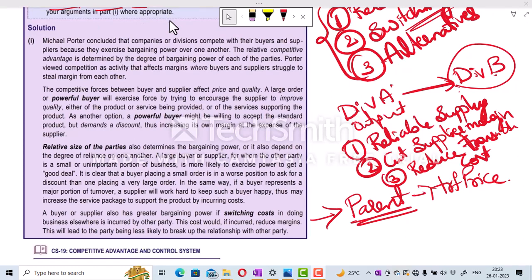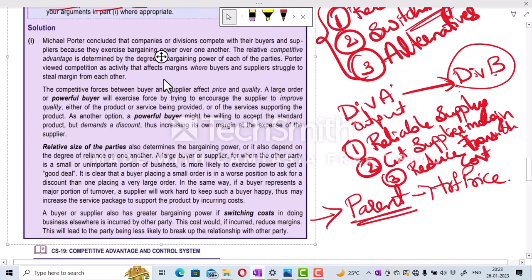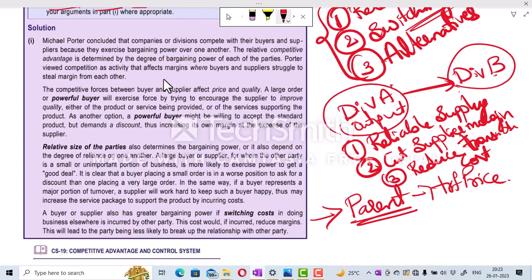But in the majority of cases, transfer pricing will not work because there should be a mandatory transfer of division A product to division B, because there is a rule that division A should sell to division B, or division A product might not have a market outside, so at any cost it needs to transfer to division B.